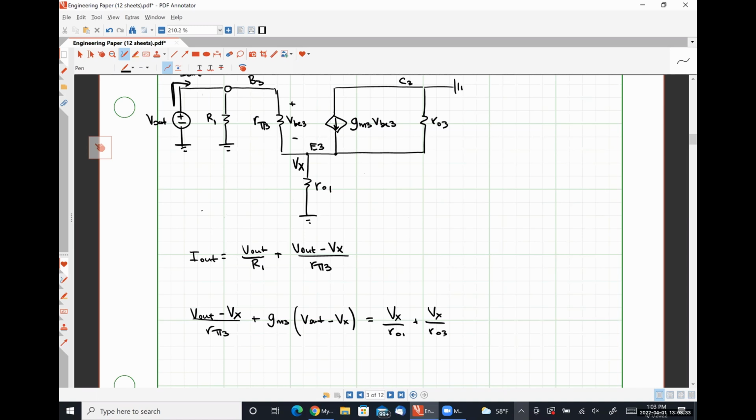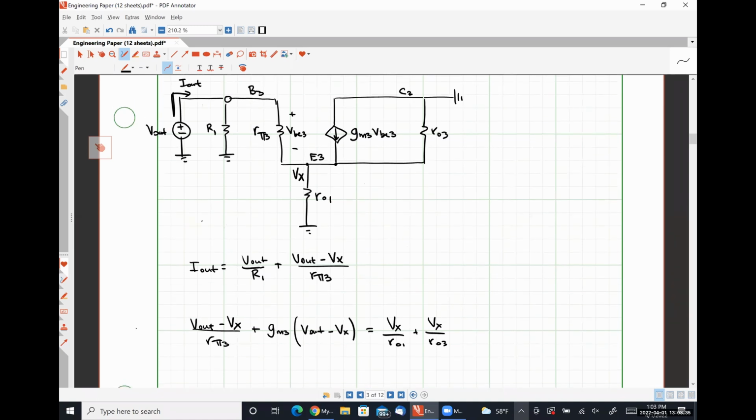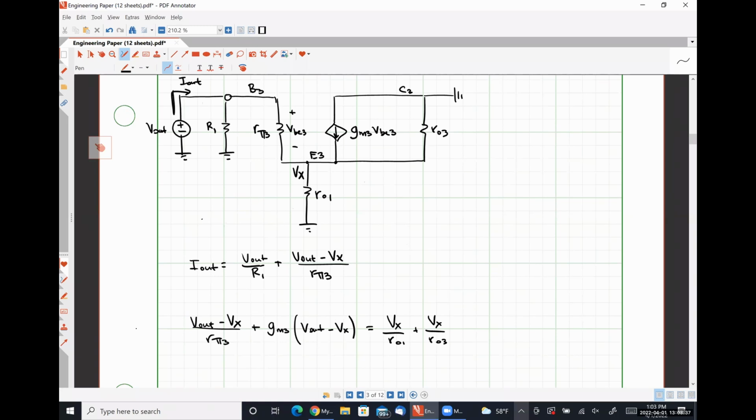Is Vx not negative V out? Yeah, I don't think that Vx is negative V out. Negative VB. If Vx was. Yeah, so that's the problem. So VBE3 is V out minus Vx. That's our voltage relationship there.